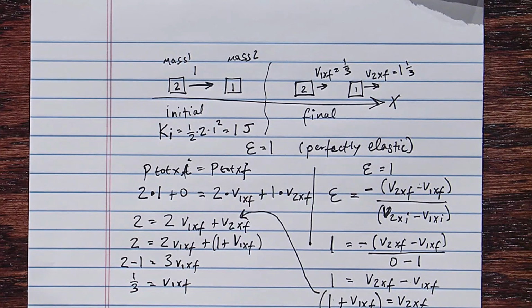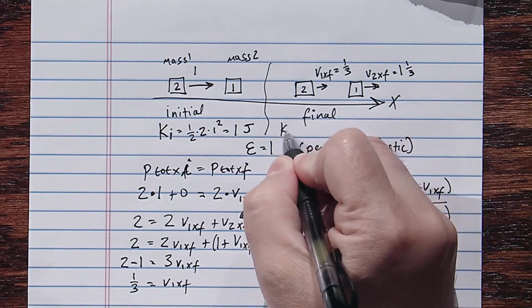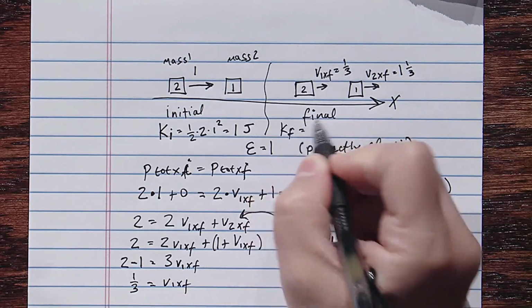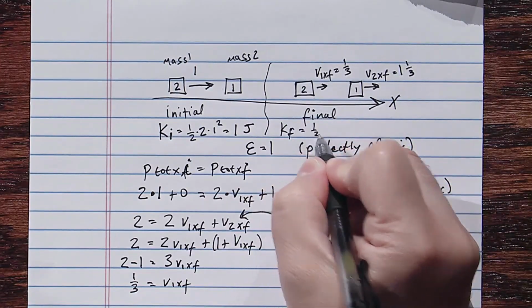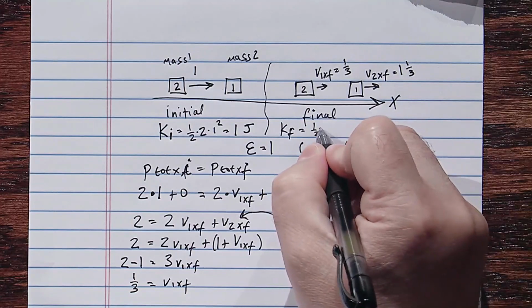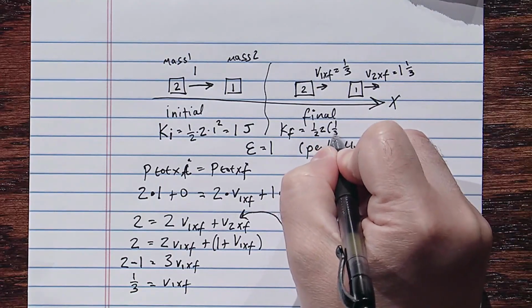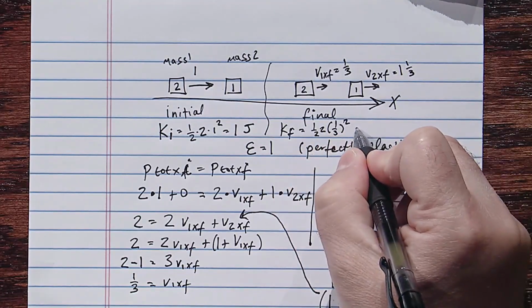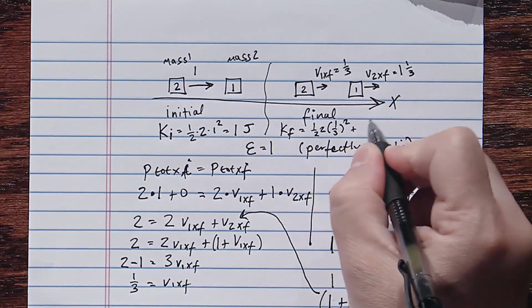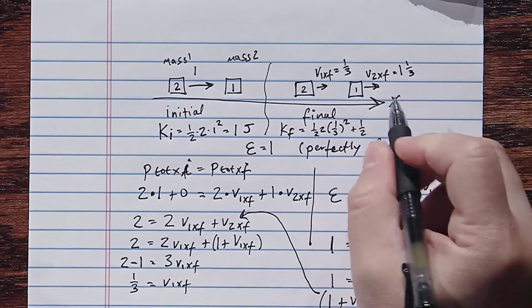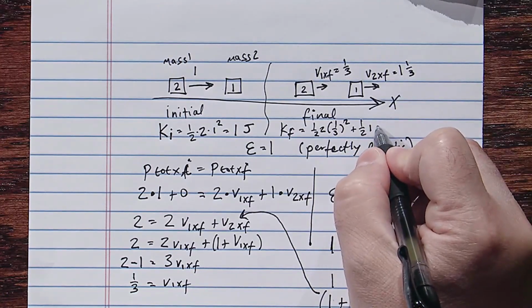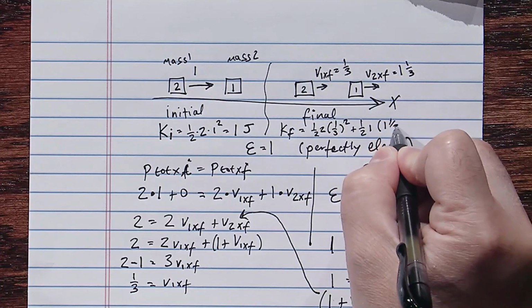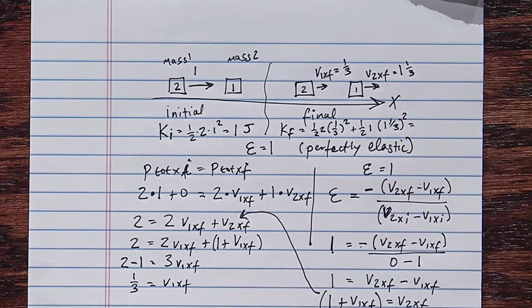So our final kinetic energy, K final, is 1/2 mv squared for this block, 1/2 mass of 2 times 1/3 squared, plus 1/2 of this mass, which is 1, times its v squared, which is 1 1/3 squared. And let's see what we get from that.